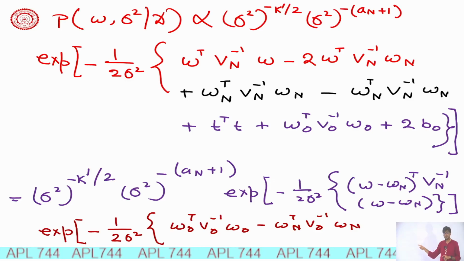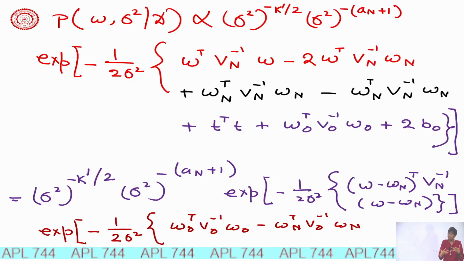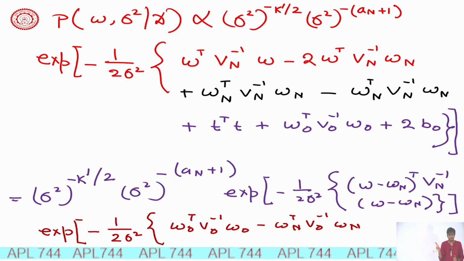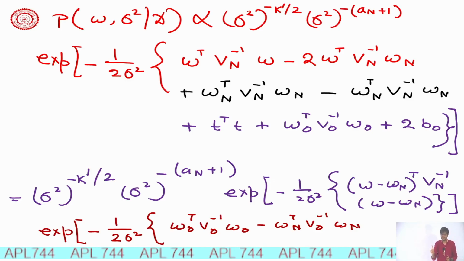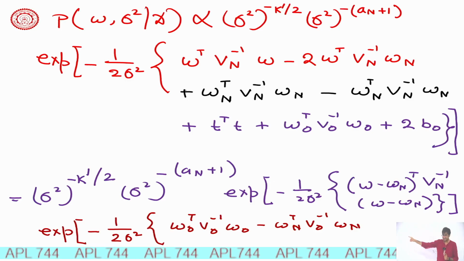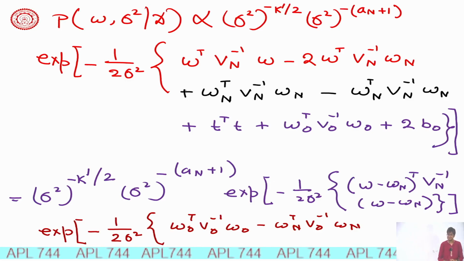And remember what I said? I want to separate it out so that there will be a Gaussian term involving only the weights and sigma square. And there should be an inverse gamma term which should be involving only sigma square. So this exponential is going to correspond to the inverse gamma. So that means from here I should get my B_n, because B naught is to be updated to B_n and that is still pending. That I should get from here.